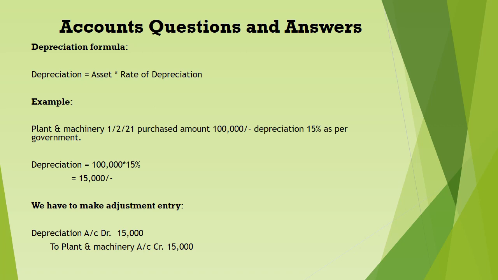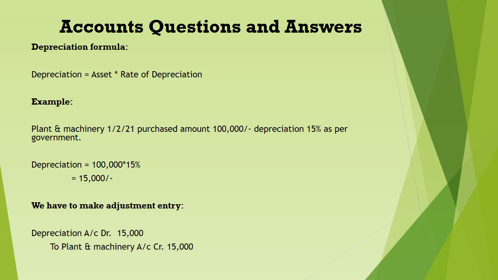So how are we going to make the entry for depreciation? For example, this is plant and machinery, so you make the entry: depreciation account debit, plant and machinery account credit. You understand?